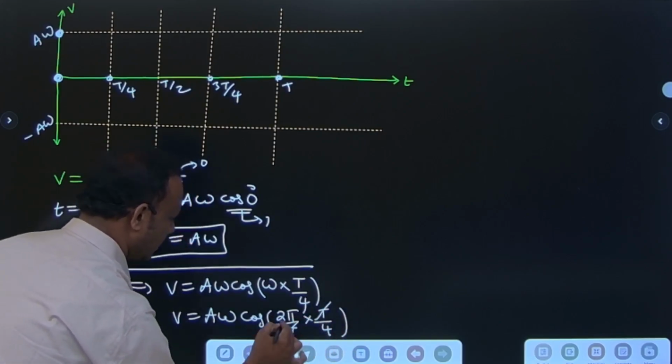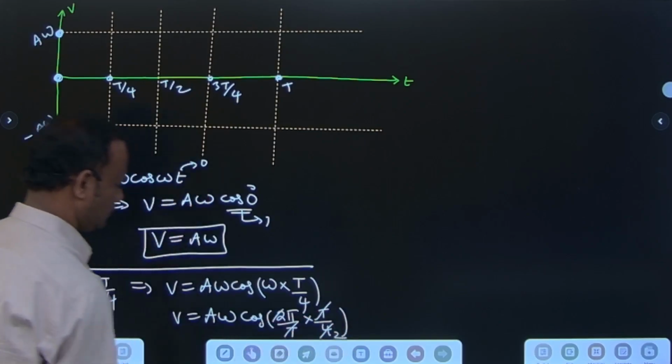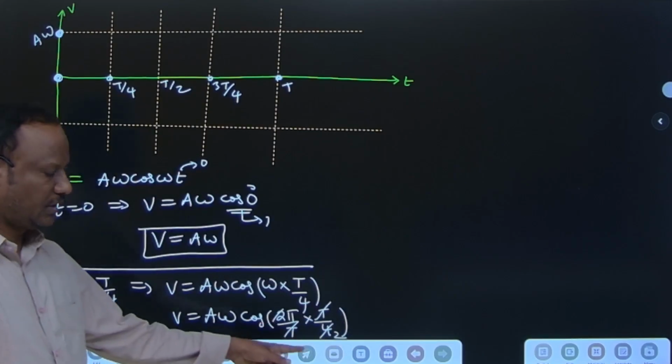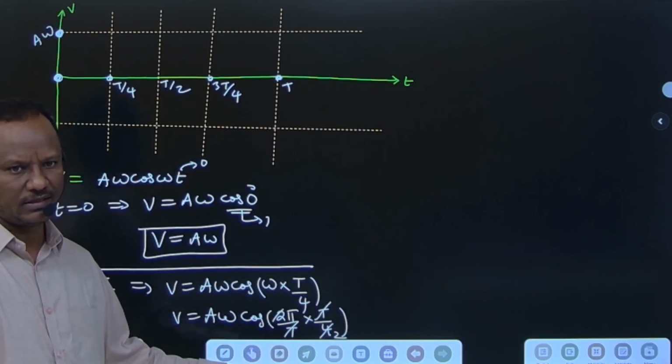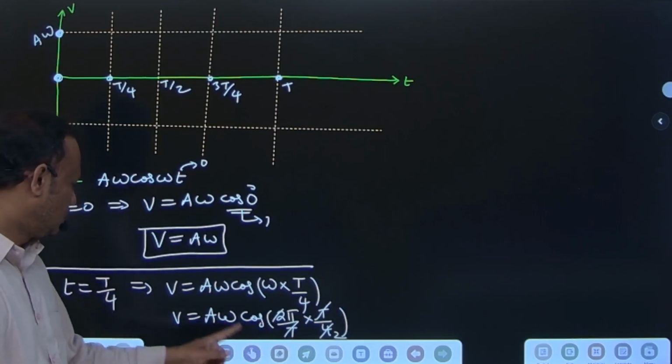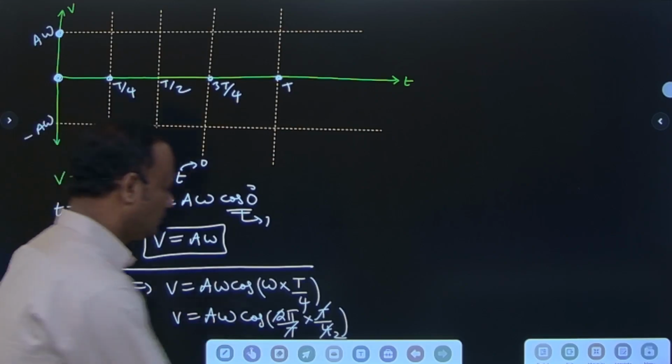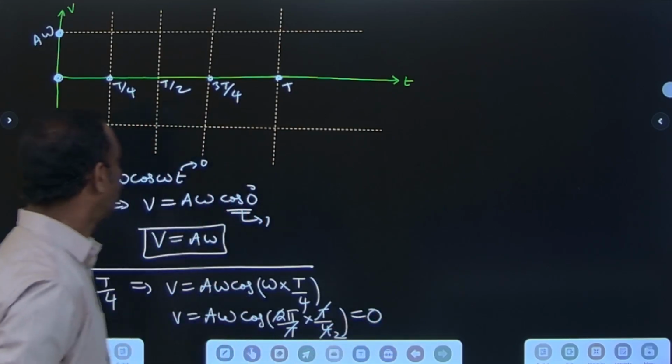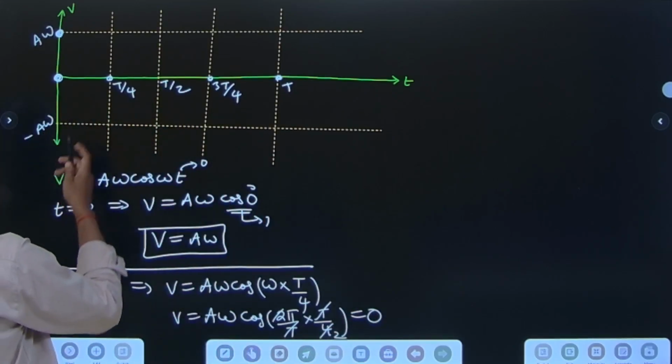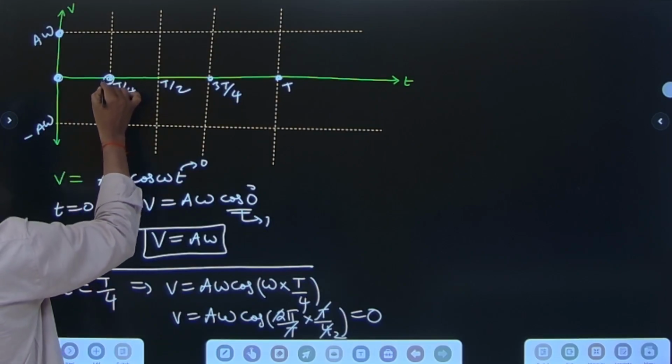Then T cancels, 2 ones to 2's, pi by 2, which is 90. Cos 90 is 0, so 0 into something is 0. What is the velocity here? 0. So at t equal to this one, the position is here.